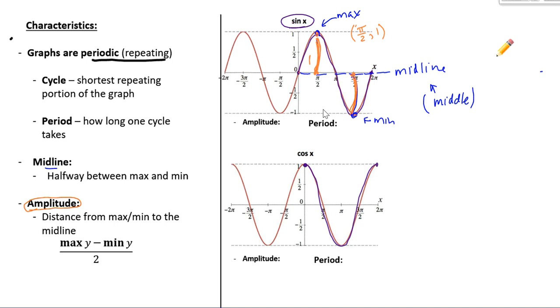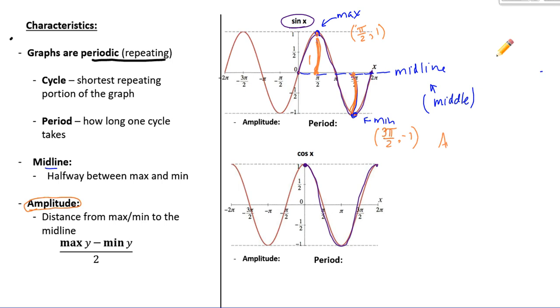Amplitude is the absolute value. You can calculate it by looking at the graph. The maximum y is 1. The minimum y is -1. Sorry, I was trying to label this point.